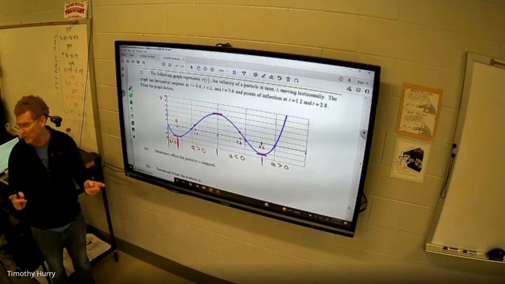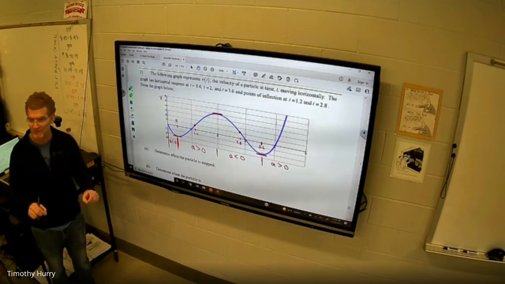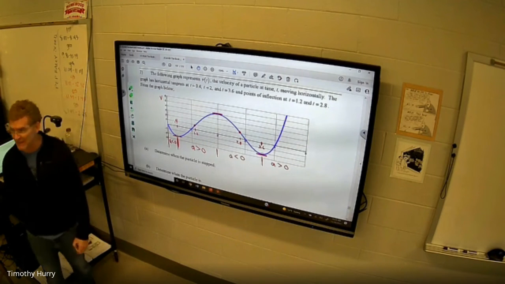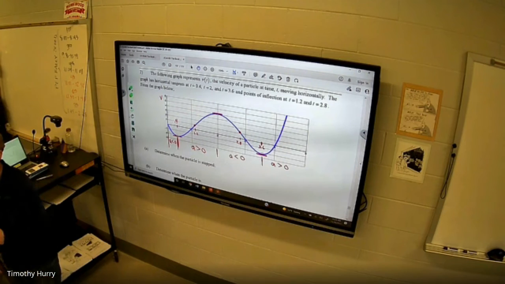Where would the particle be speeding up? Now, speed is not velocity. So I want to show you 3 ways to find this. And I don't care which one you use, but remember, speed is the absolute value of velocity. I don't have the absolute value of velocity curve at this moment, although we'll do that in a second.